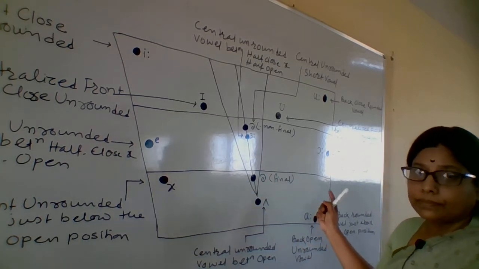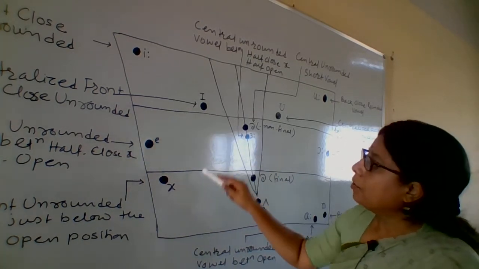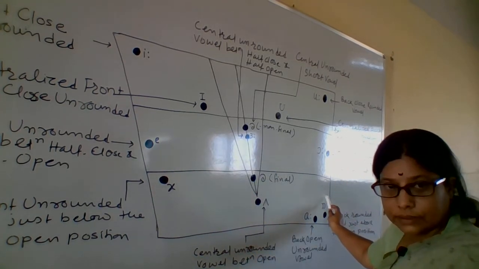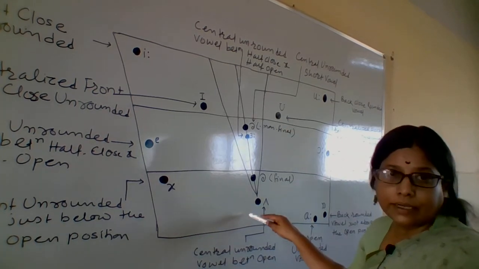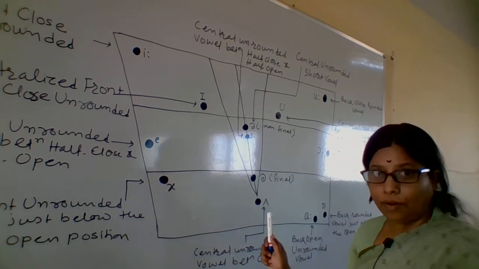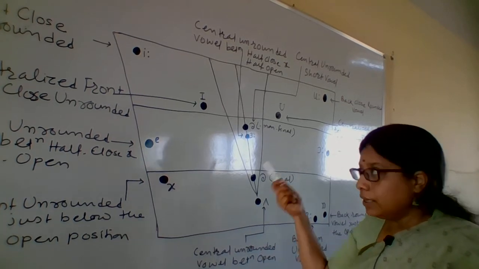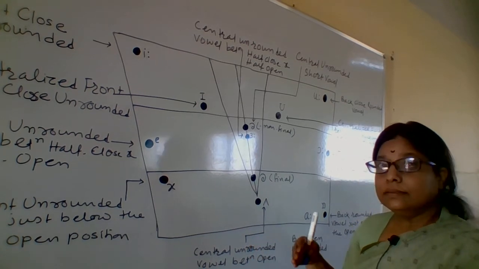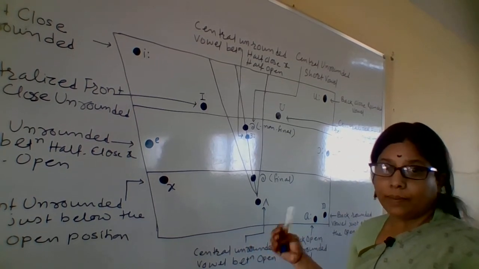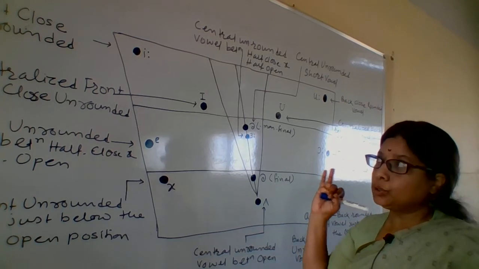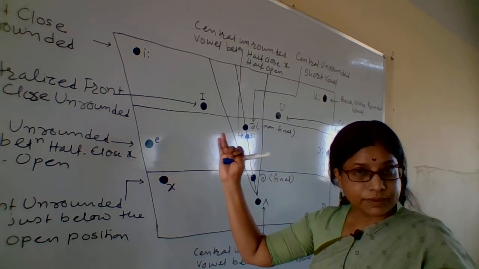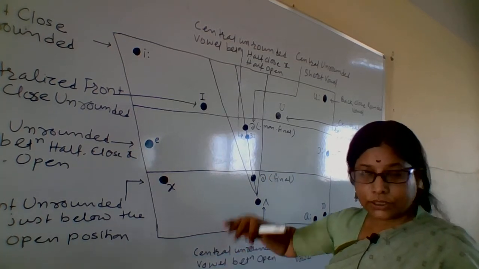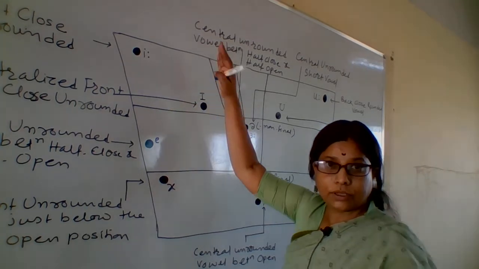So, here we have 12 vowels, 4 front vowels, 5 back vowels, and 3 central vowels. Here we have 12 vowels out of the 20, and these 12 are known as the pure vowels or the monophthongs, and they are given the three-term labels depending upon, number 1, the position of the lips, number 2, the part of the tongue that is raised, front, central or back, and number 3, the height of the tongue, whether the tongue is in the open position, half open position, half closed position or the closed position.